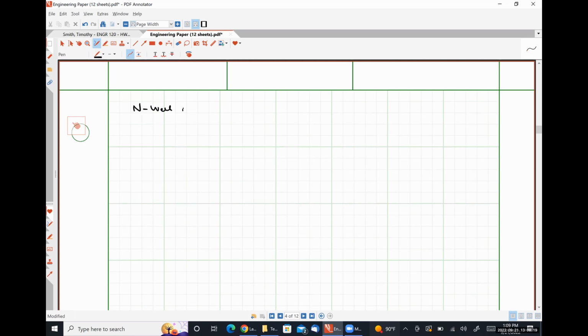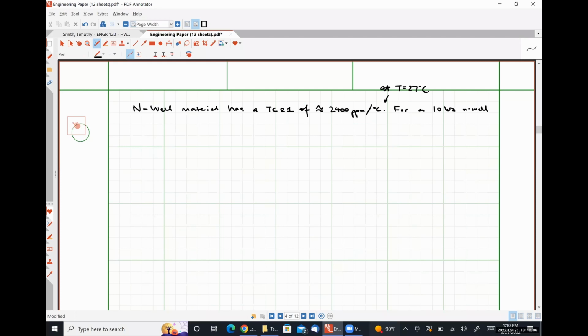So say N-well material has a temperature coefficient of resistance of approximately 2,400 parts per million per degrees Celsius, for a 10 kilo ohm N-well at T equal to 27 degrees C, room temperature.